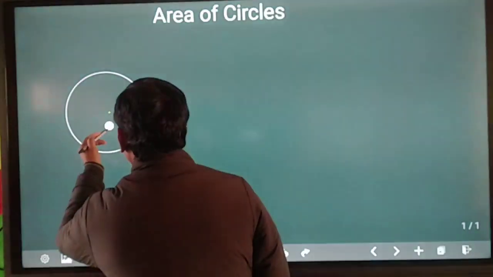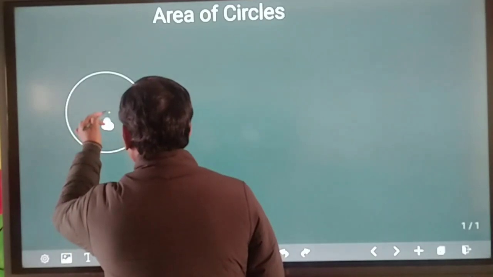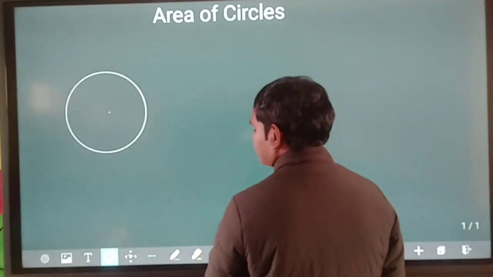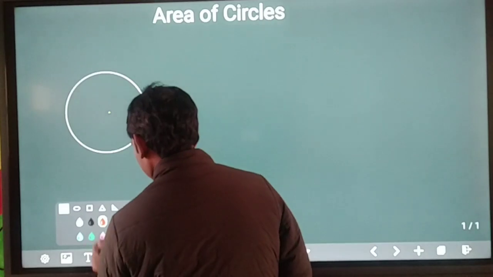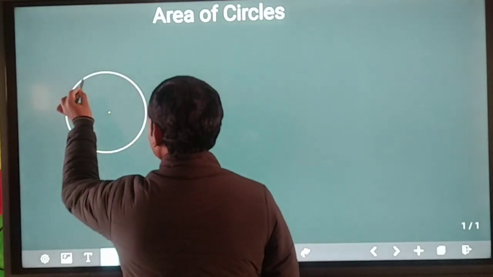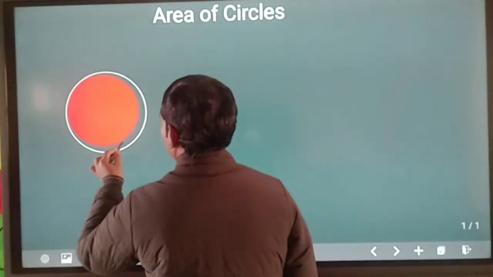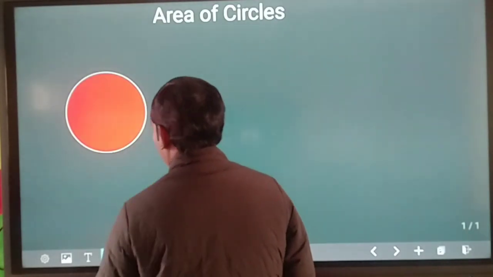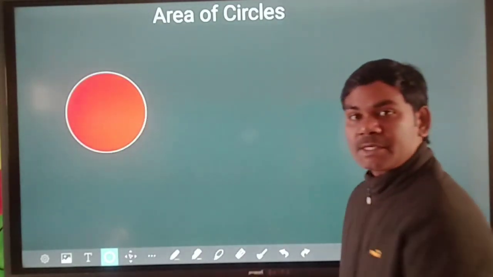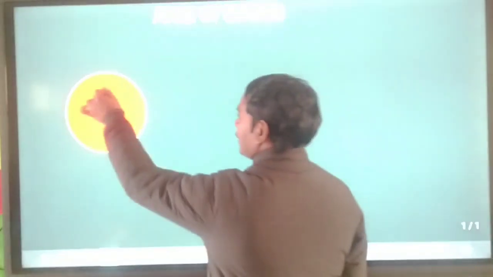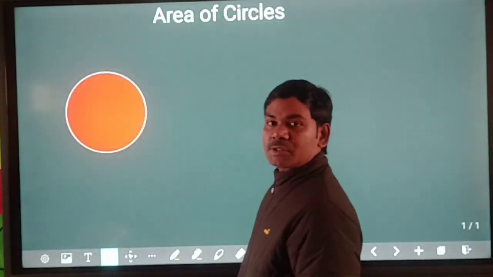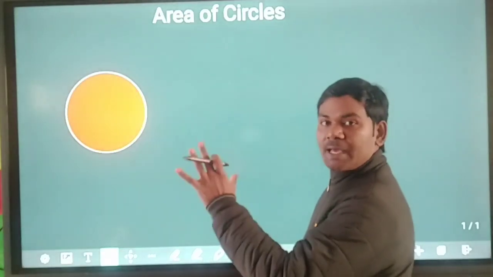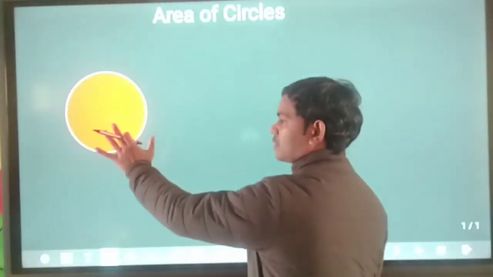The region which lies inside the circle is called its area. Here you can see that the red portion represents the region which lies inside this circle.